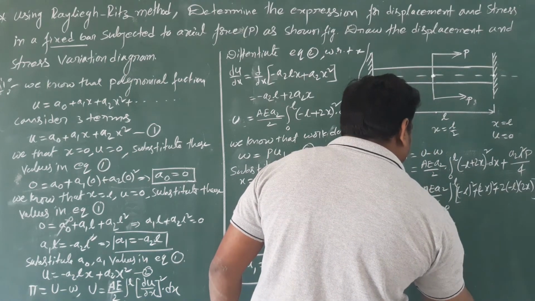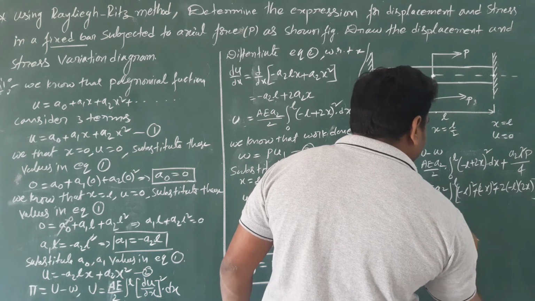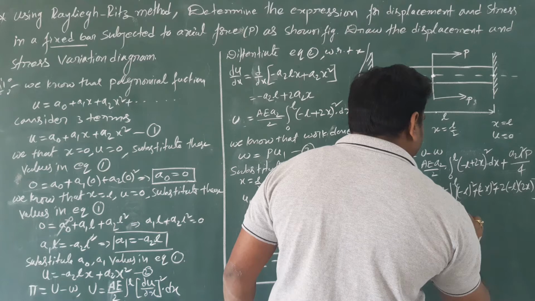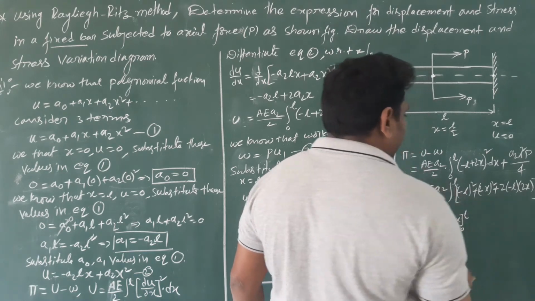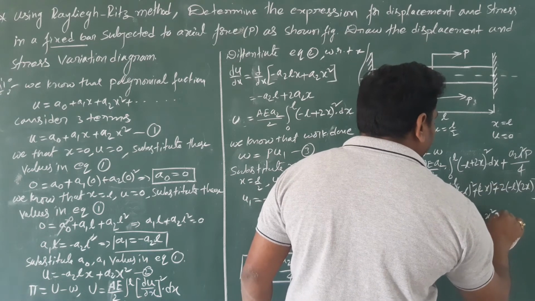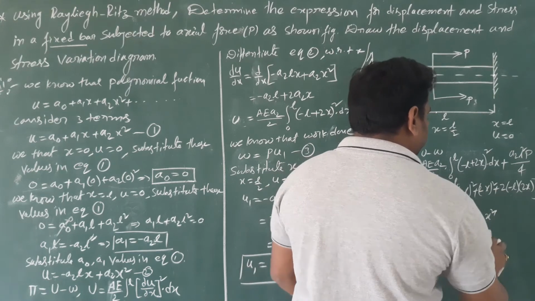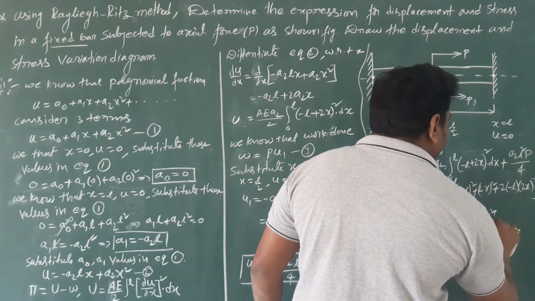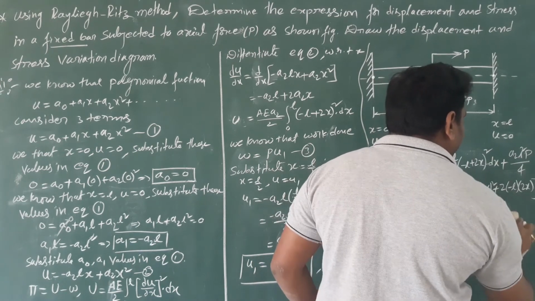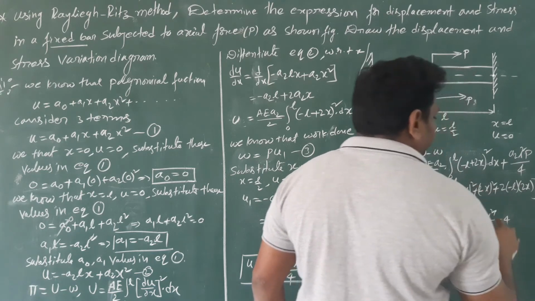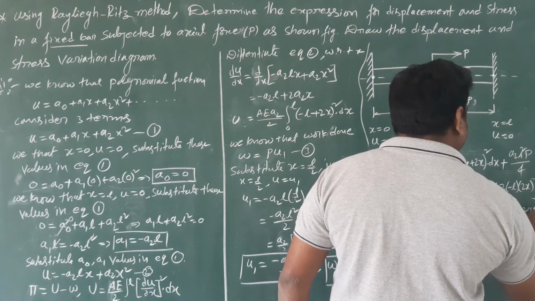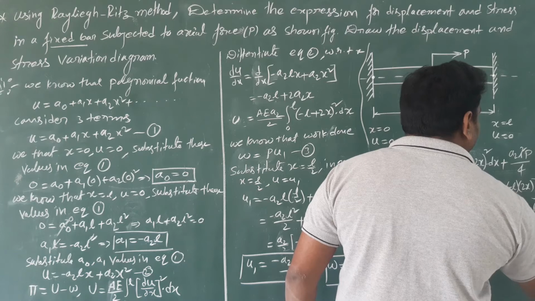So finally AE A2 by 2, minus L integral: L square is a constant parameter, so L square into x varied from 0 to L, plus 2 is constant, and the integral of x square is x cube by 3, so 4 x cube by 3, minus 2L constant, 2 into 2 is 4, and L times the integral of x, x square by 2, with limits 0 to L, plus A2 L square P by 4.